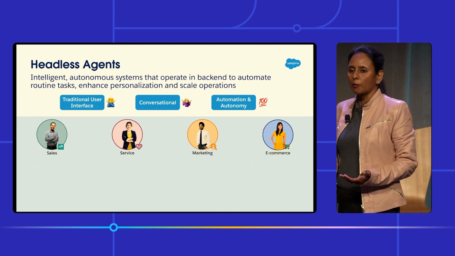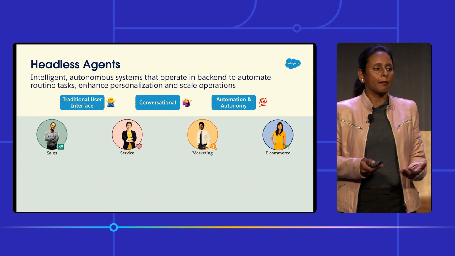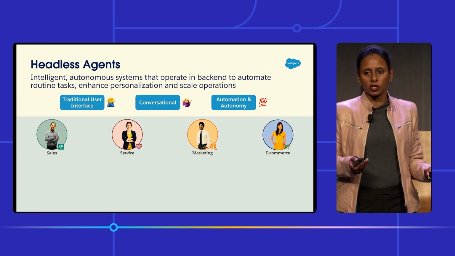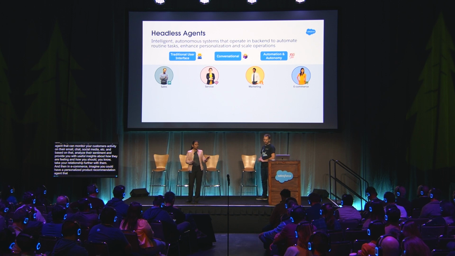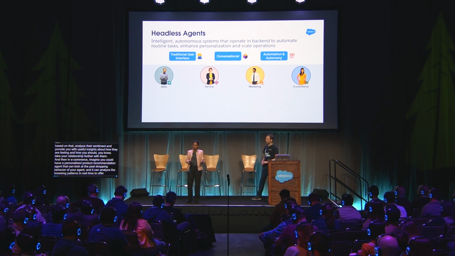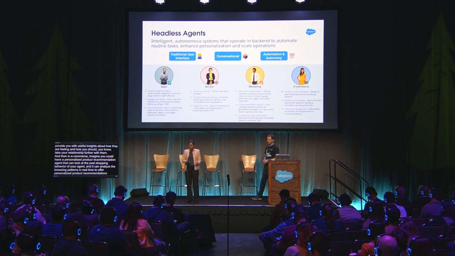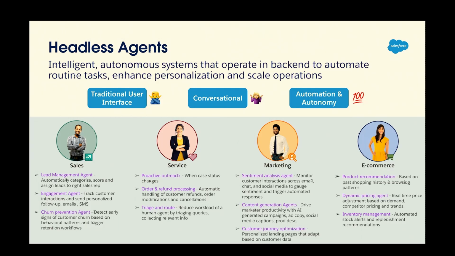And then in e-commerce, imagine you could have a personalized product recommendation agent that can look at the past shopping behavior of your customer, and it can analyze the browsing patterns in real time to offer personalized product recommendations. So I have listed a number of use cases in each one of these categories. Feel free to take a picture. But as you can see, the possibilities are endless when it comes to headless agents.